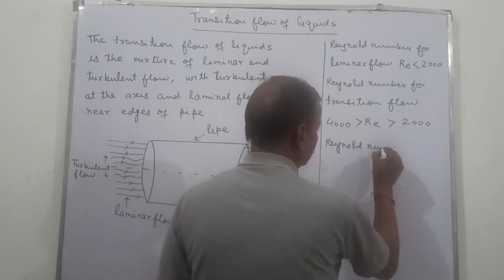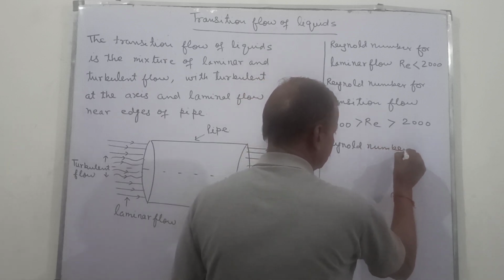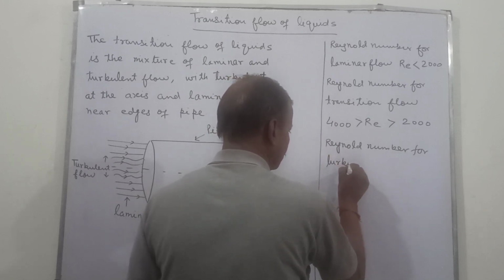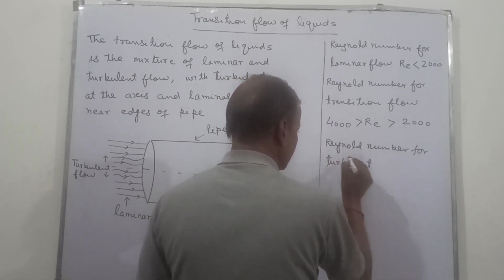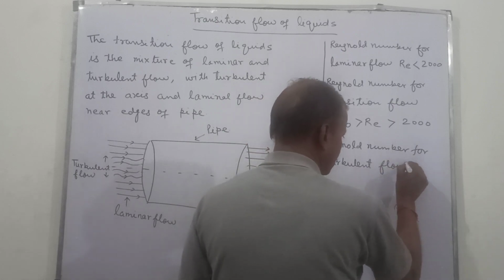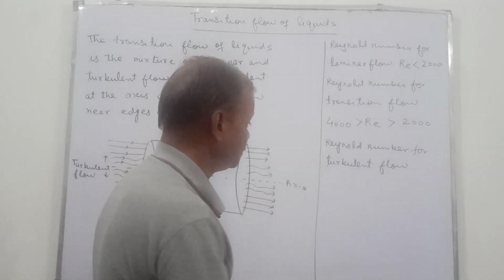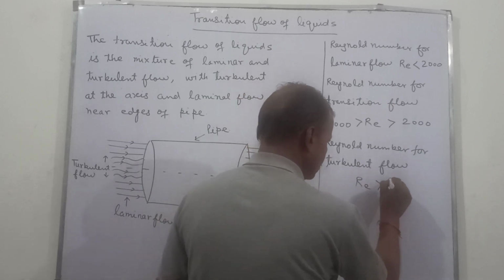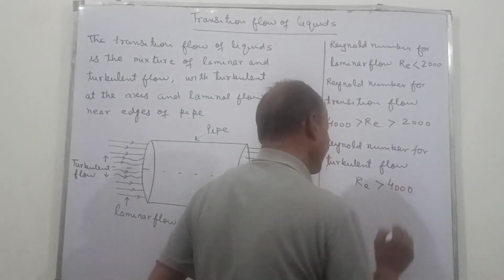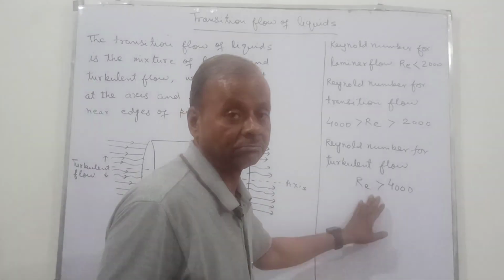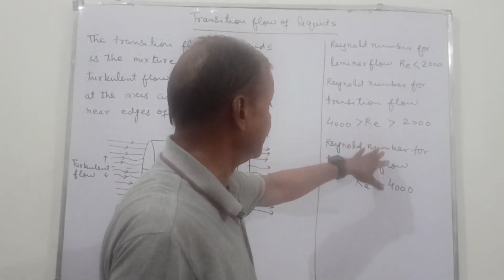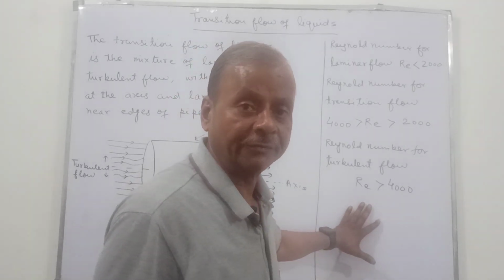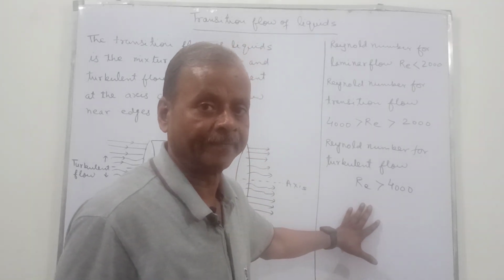Reynolds number for turbulent flow. Re is greater than 4000. This is highly turbulent. So as the Reynolds number exceeds 4000, the flow of the liquid becomes turbulent.